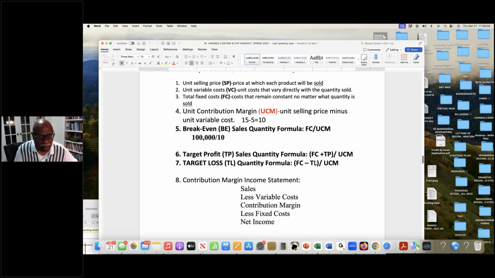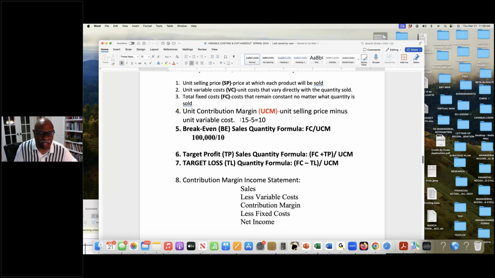Then we have target profit, where the fixed cost is increased by the profit, still divided by the same thing, the unit contribution margin. Then we have a target loss. It's the fixed cost minus the target loss divided by the unit contribution margin.